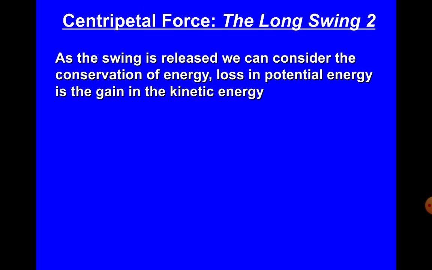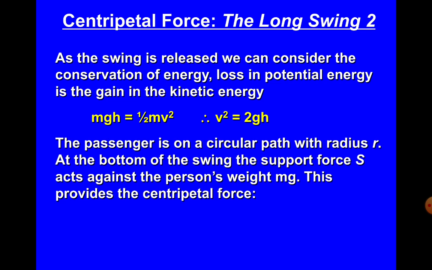The energy comes from the potential energy, which is turned into kinetic energy. So we can calculate the velocity at the bottom. As we know the velocity already, we can calculate the force from the circular motion.